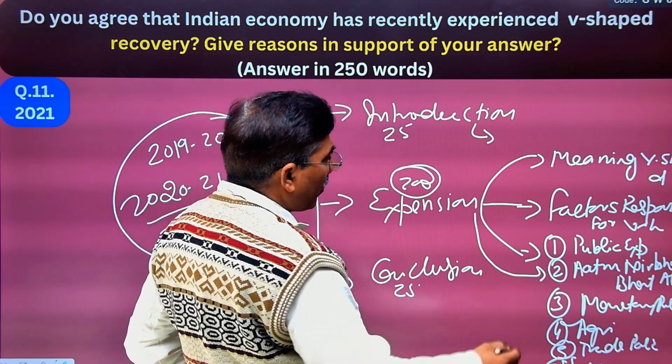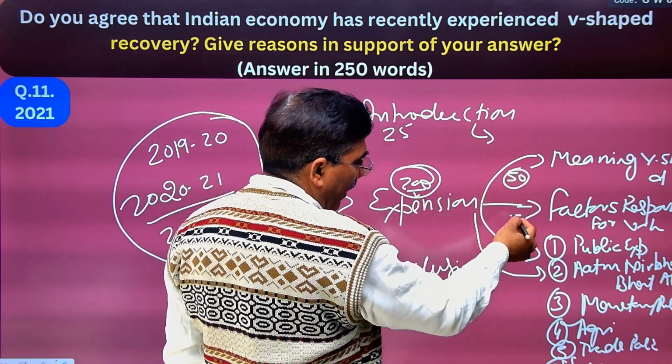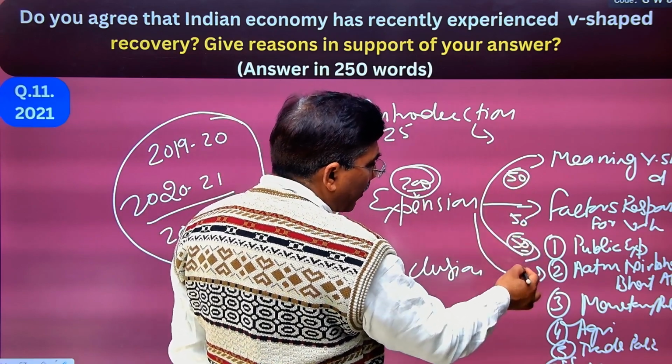If you write 4 paragraphs, then 50 words each paragraph is sufficient for the explanation.